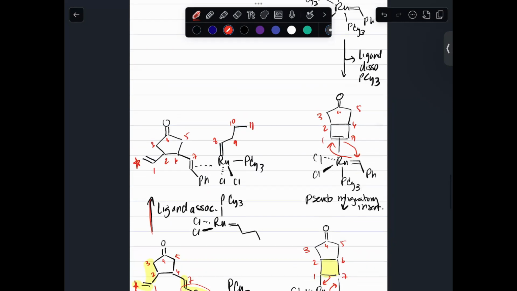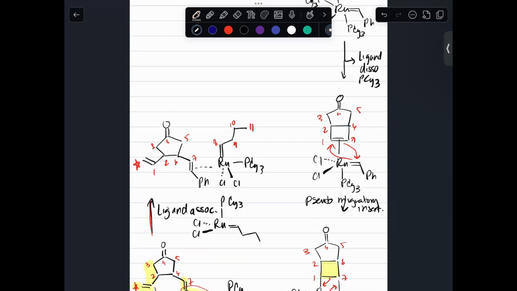It does a pseudo-migratory insertion. And it forms its four-membered ring. Please notice that when I arrange the ligand association, I try to arrange it so I can see the carbons bonding together.